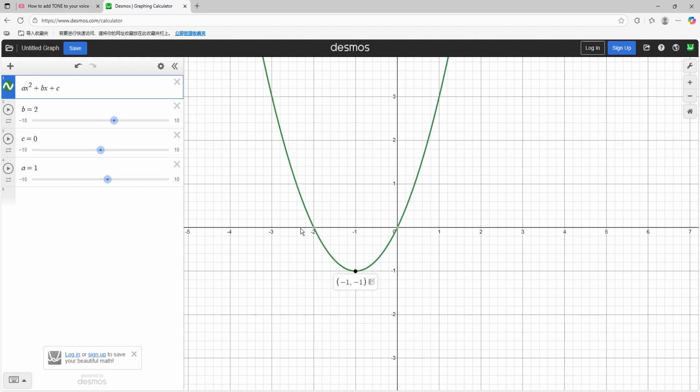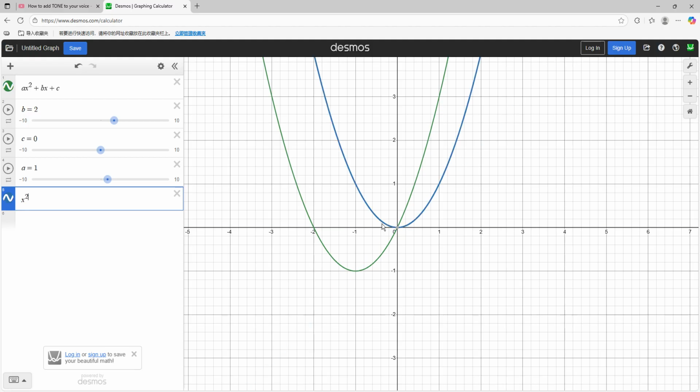How do you find that? Well, it's actually pretty simple. When A equals 1, you know that it is x², because the coefficient of x² is 1. And when B equals 2, the bx term is just 2x.